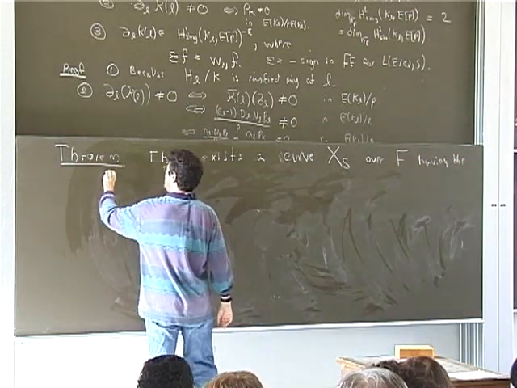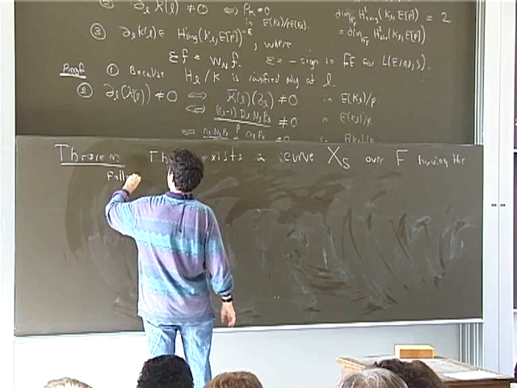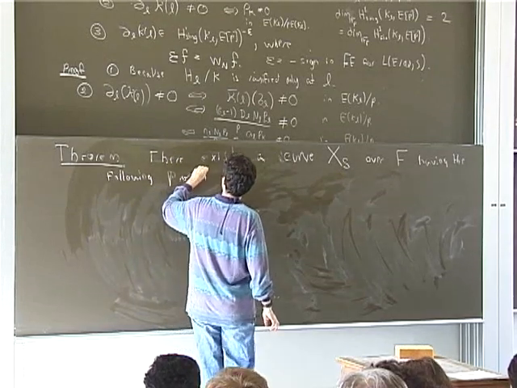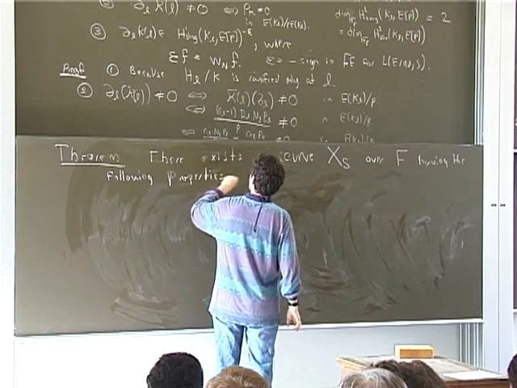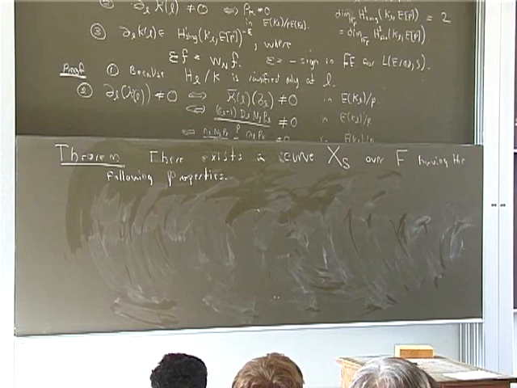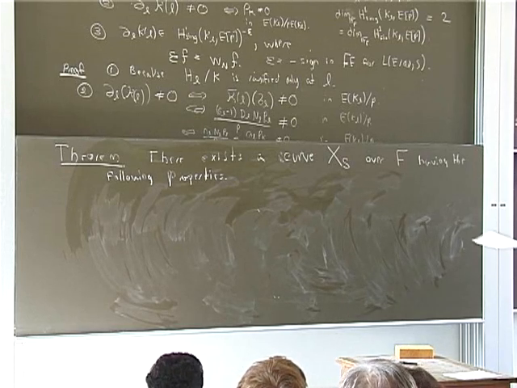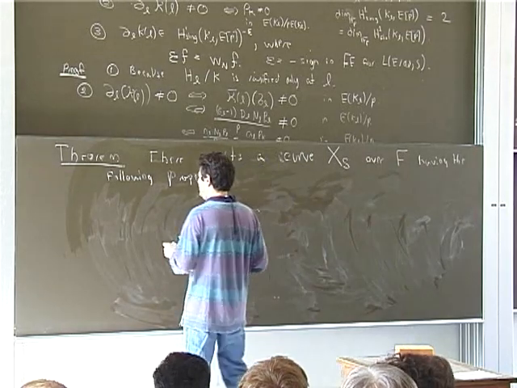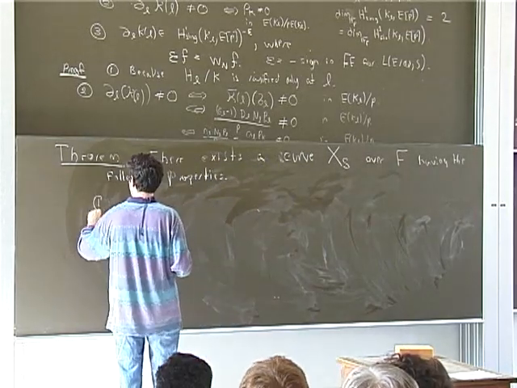Some of this we heard in John Voight's lecture yesterday, and some not, so I'm going to summarize. This is going to be the Shimura curve attached to the odd set S of places. S could stand either for Shimura or for the set S that I've introduced. It depends on the finite set S, though. So the properties are the following.